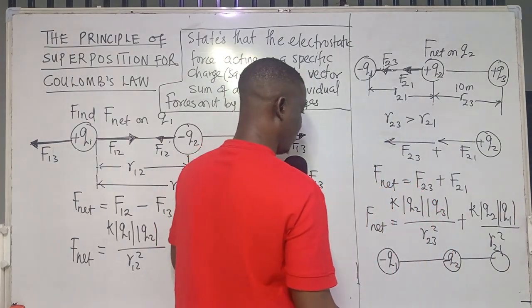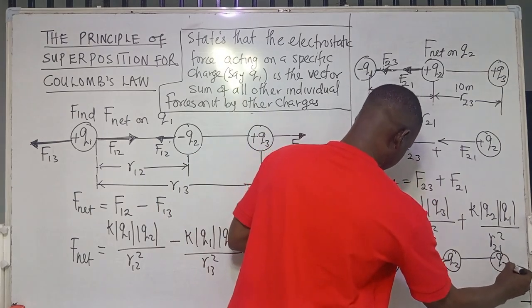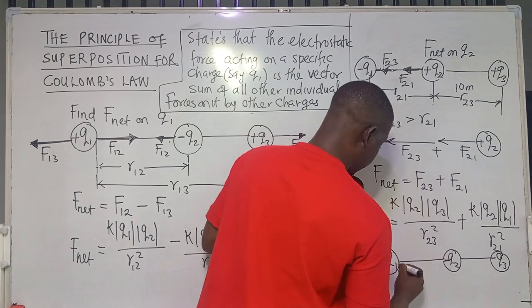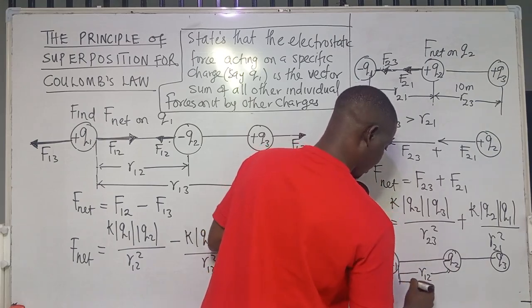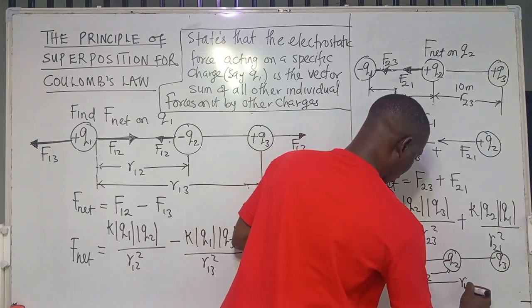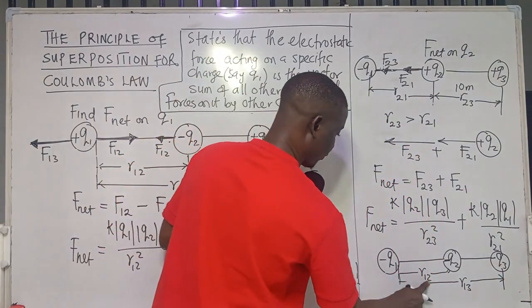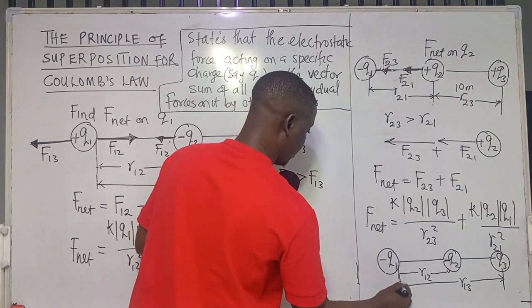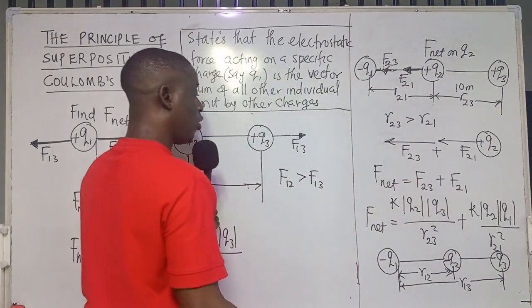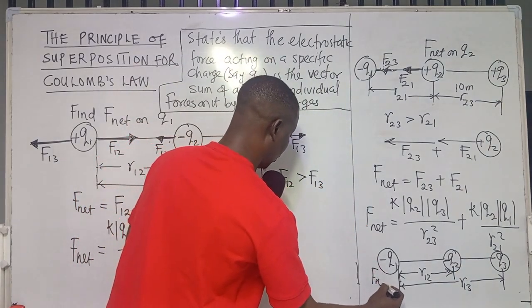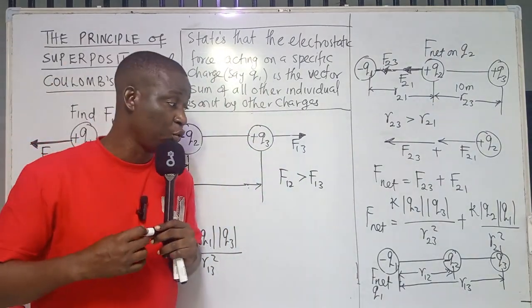Let's say the distances are R12 and R13. What I want you to do in this case is to send your answer to the comment section. What will be the net force on Q1?